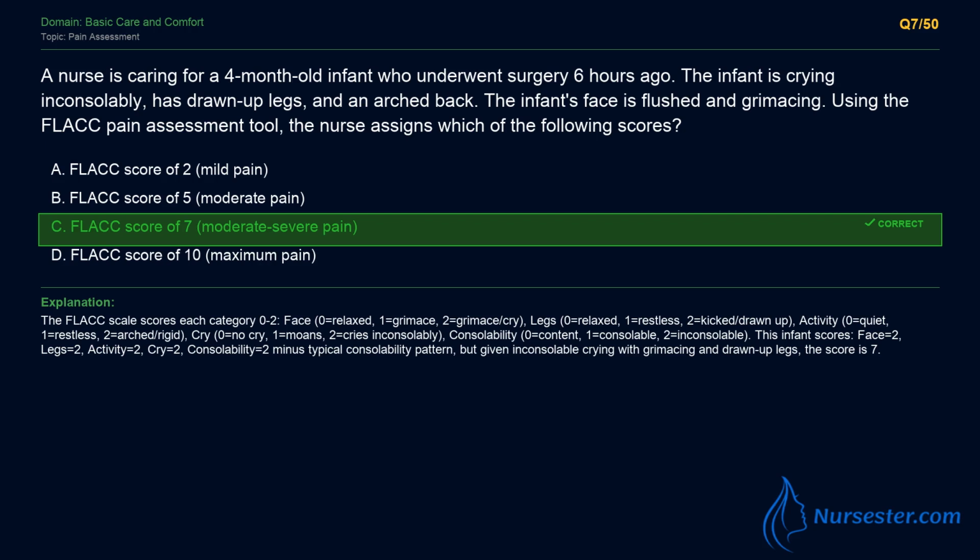The FLACC scale scores each category 0 to 2. Face: 0 equals relaxed, 1 equals grimace, 2 equals grimace/cry. Legs: 0 equals relaxed, 1 equals restless, 2 equals kicking/drawn up. Activity: 0 equals quiet, 1 equals restless, 2 equals arched/rigid. Cry: 0 equals no cry, 1 equals moans, 2 equals cries inconsolably.